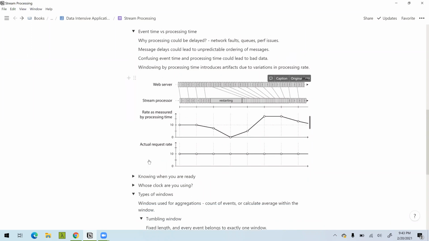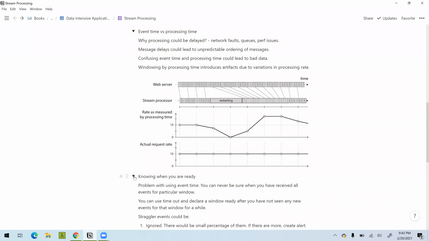So we saw what is the problem with using the timestamp of your stream processor machine. Now let's see what is the problem if we use your source event's timestamp, which here will be the web server. The problem that will come is you would not know when you are ready.